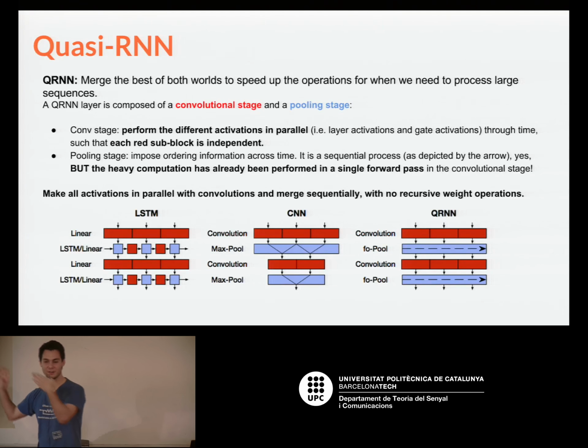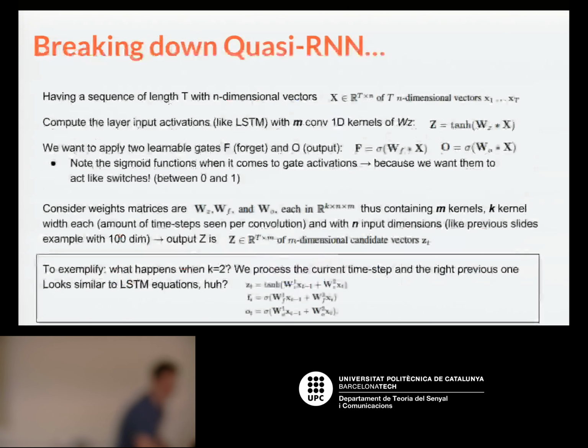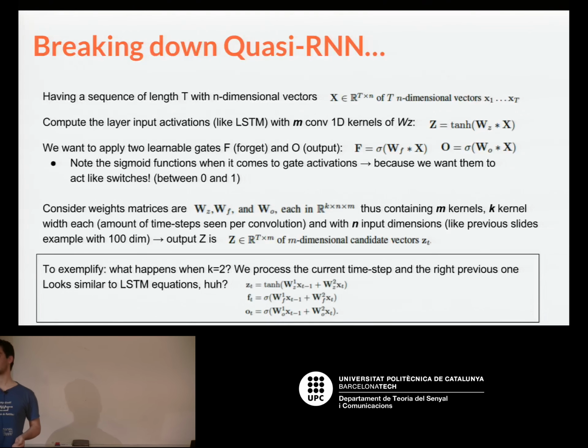Okay, this is why causal 1D convolutions are required, and then we want to apply some pooling that's lightweight, but that imposes the ordering like this did. First there is this convolution operation where we have the sequence we've seen before. Time steps in that case was 8 words, so length 8. And the feature dimension, as every word was a 100-dimensional vector, 8 times 100.